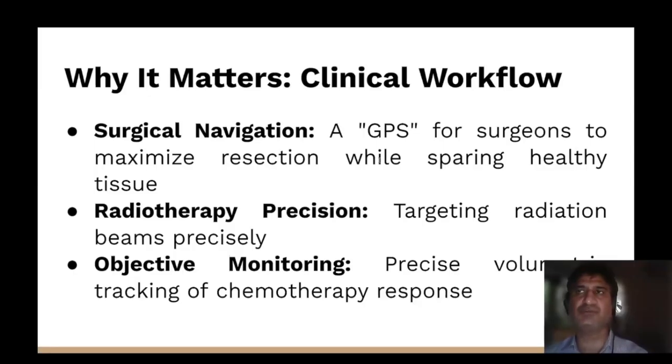It also allows oncologists to aim radiation beams with precision, and it gives us an objective way to calculate tumor volume. This is how we move from a doctor's best guess to data-driven medicine.